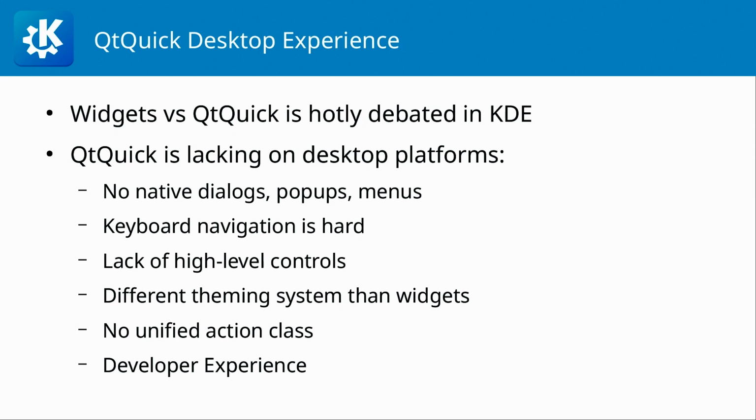Then another issue that we have is there's no unified action class between widgets and Qt Quick. In Qt6, QAction moved from widgets to GUI, which is a change that I like very much, but Qt Quick's Action isn't actually based on the action class in Qt GUI, which makes it hard to write common code that uses QAction and works with both Quick and widgets.